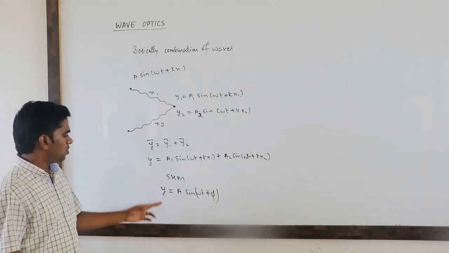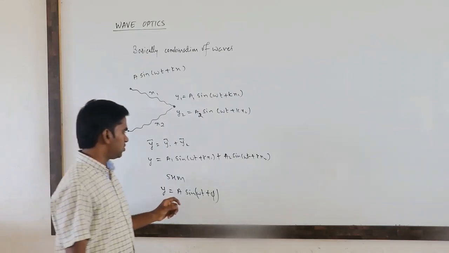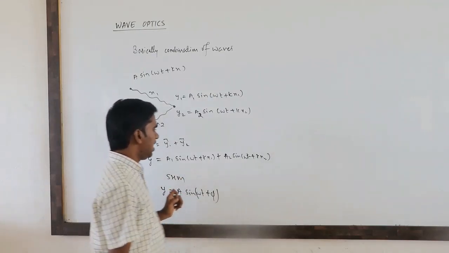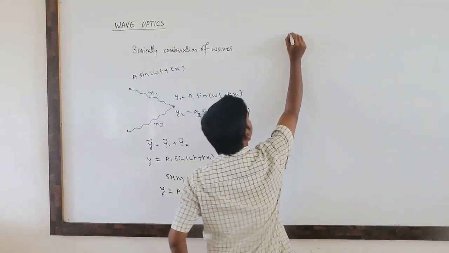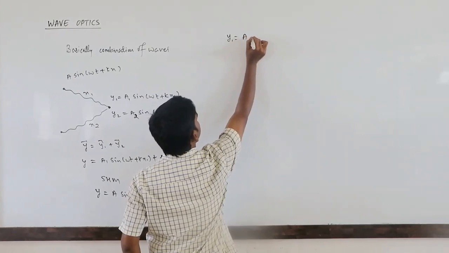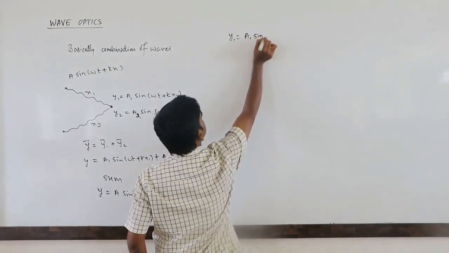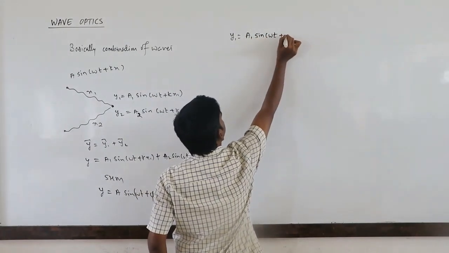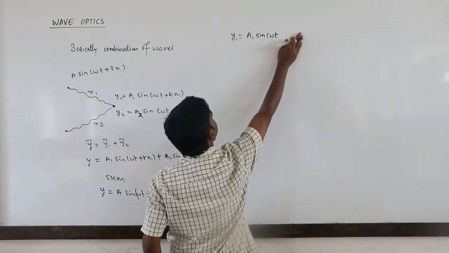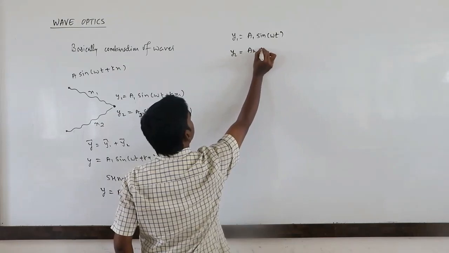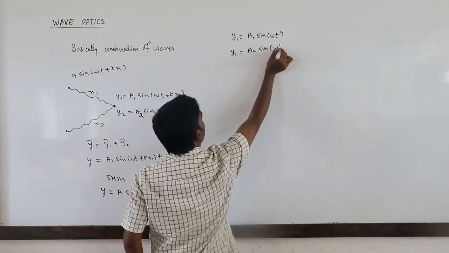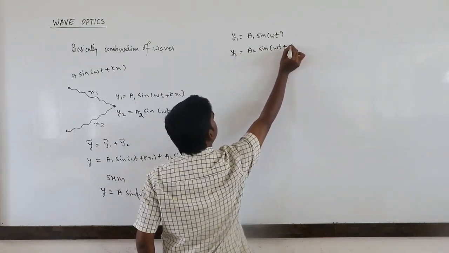So to derive this, I will consider two simple equations instead of these complications. I will take one equation as y1 equals a1 sin omega t, and y2 as a2 sin(omega t plus pi).